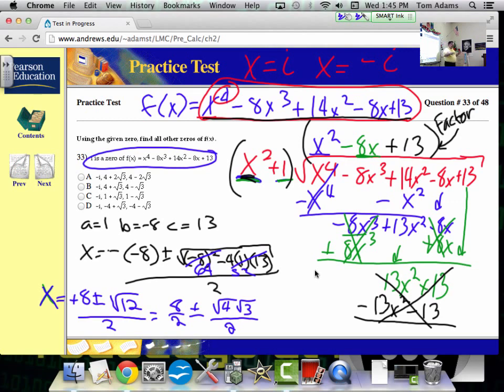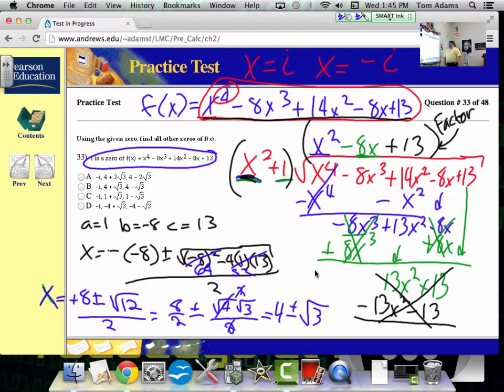And then I'm taking my square root of 12 and breaking it up into the square root of 4 times the square root of 3. What's the square root of 4? 2. So what's 8 divided by 2? 4. Plus or minus, this becomes 2, right? 2 over 2 cancels, so I've got 4 plus or minus the square root of 3.